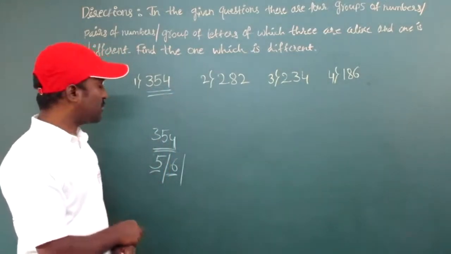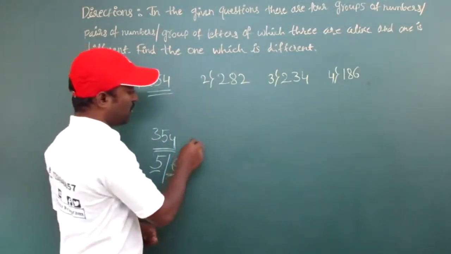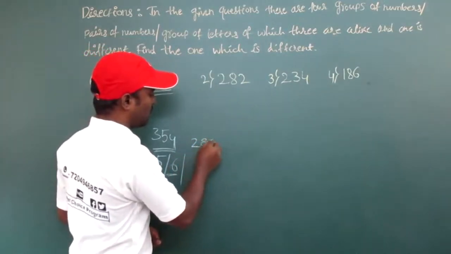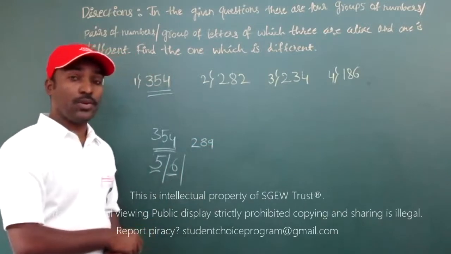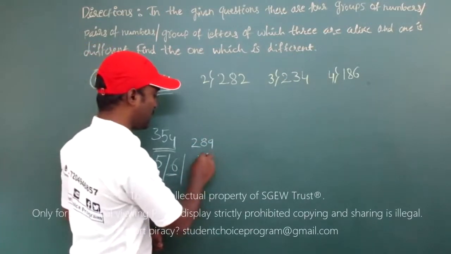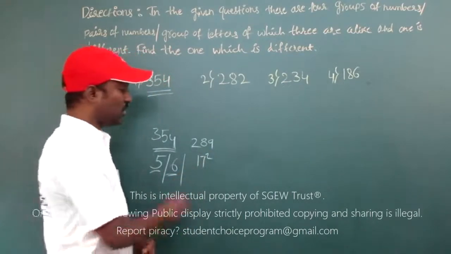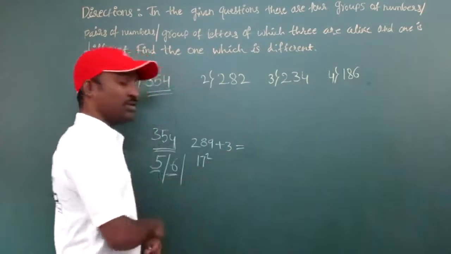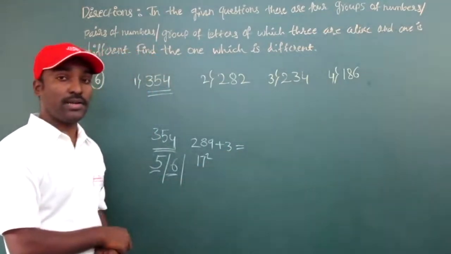Sometimes what they will do is give a number like 289. Yes, 289 is 17 square. And what they will do is add some number, 289 plus 3. What are you going to get? 292.